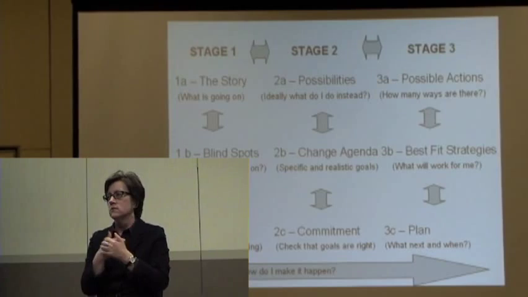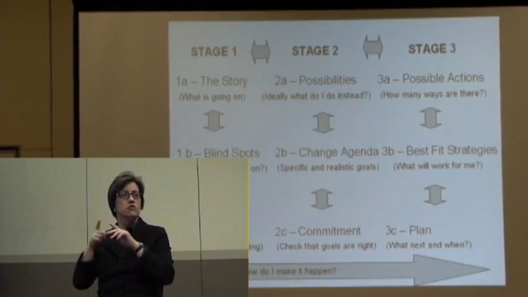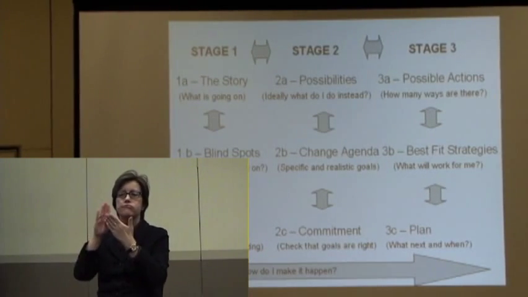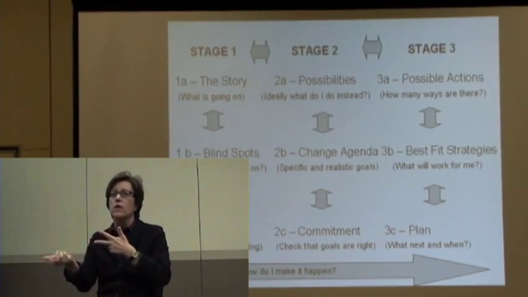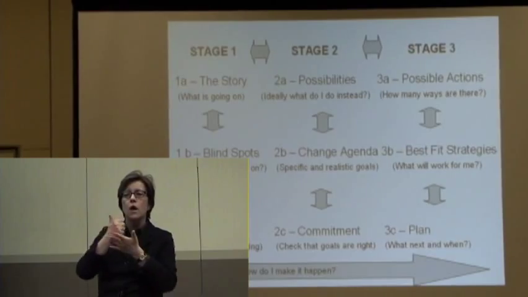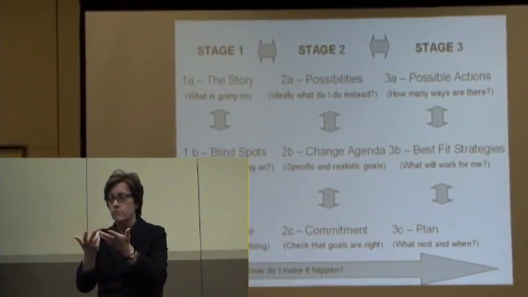You may have to very early on do some mild confrontation just to get things in place. So you may step to a stage 2 skill, back to stage 1 to help the person express the problem. Okay, as you're going through the problem solving, you may get people who are scared. You're going to have to go back to phase 1 skills in terms of being able to help them become clear about what's going on. So you'll see that these things bounce back and forth.